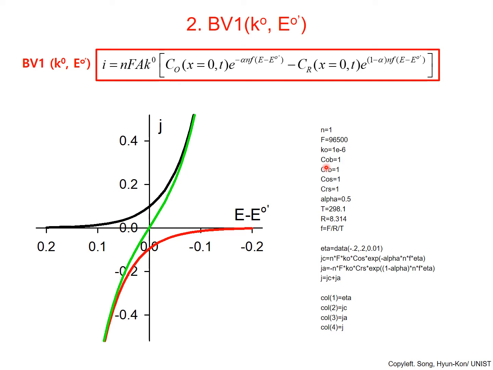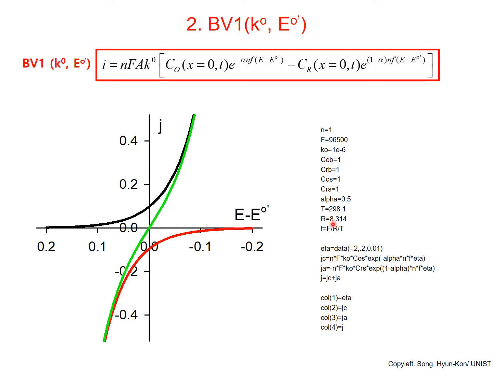And the concentration of oxidized species at the surface is 1 mole per cubic centimeter, and also the concentration of reduced species at the surface is 1 mole per cubic centimeter. So equimolar concentrations for oxidized species and reduced species. Alpha, the so-called transfer coefficient here, is 0.5. Temperature is 25 degrees Celsius, room temperature.